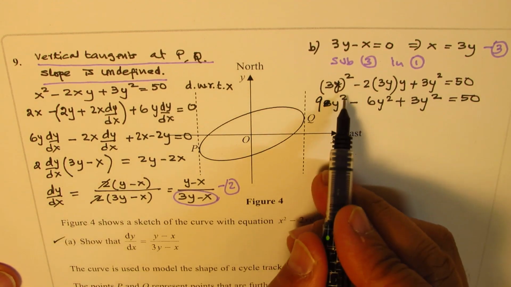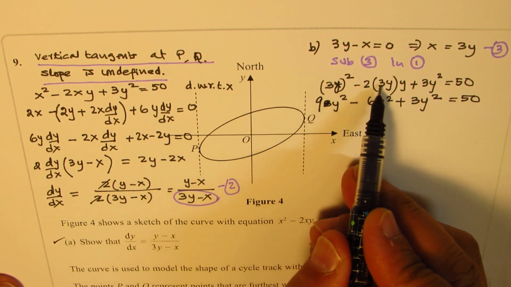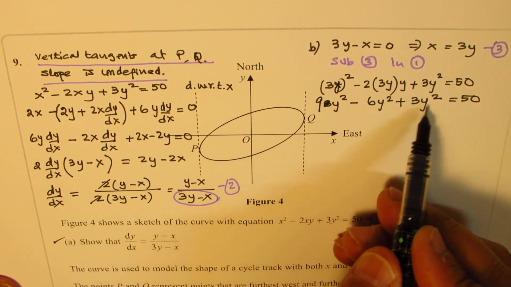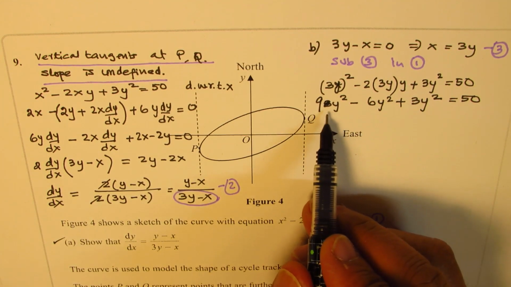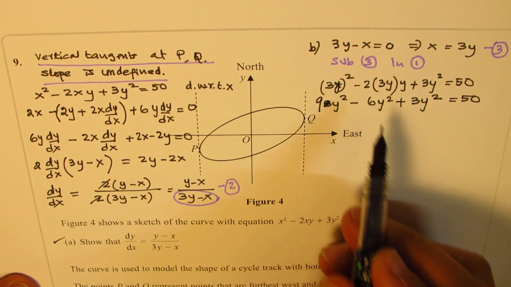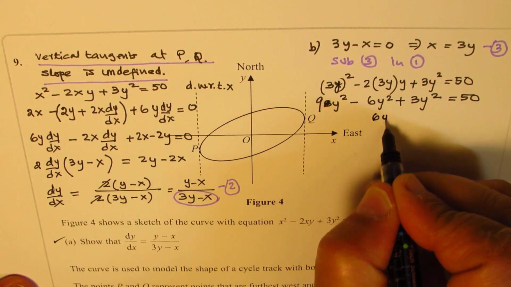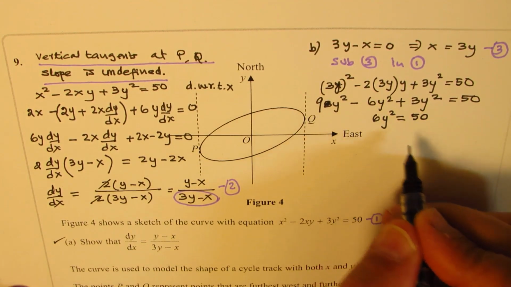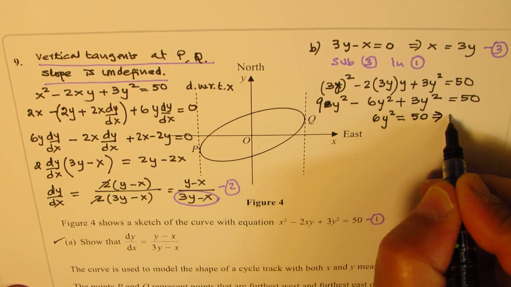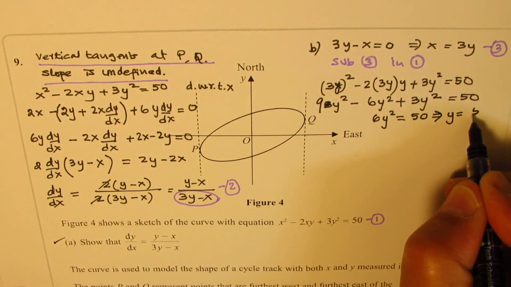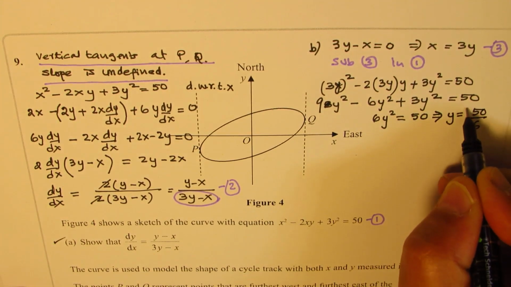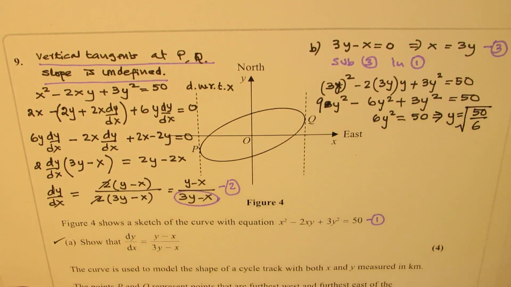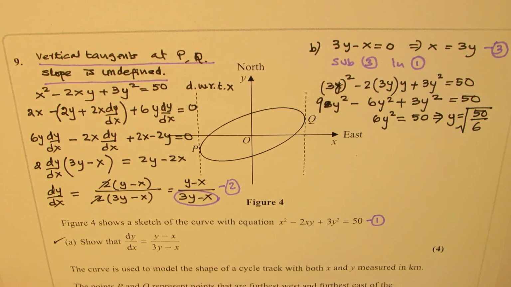So we have 9y squared minus 6y squared plus 3y squared. So that is to say, 9 plus 3 is 12, minus 6 is 6. 6y squared is equal to 50. So that gives you the value of y as the square root of 50 over 6. Correct? So that is how you could find the value of y.